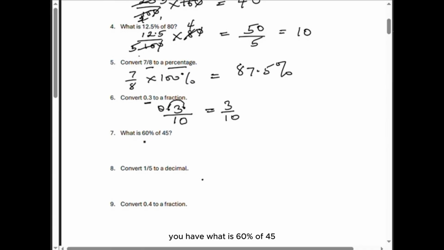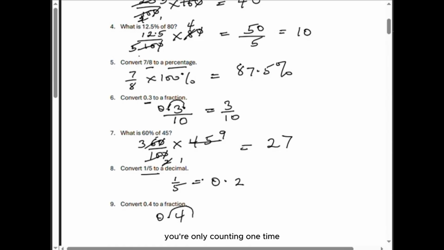Then question 7, you have what is 60% of 45? 60% is 60 over 100 multiplied by 45, and this, we cancel this. Then you can say 5 here, 2, 5 here, 9, 2 here, 1, 2 here, 3, and 3 times 9 is 27.